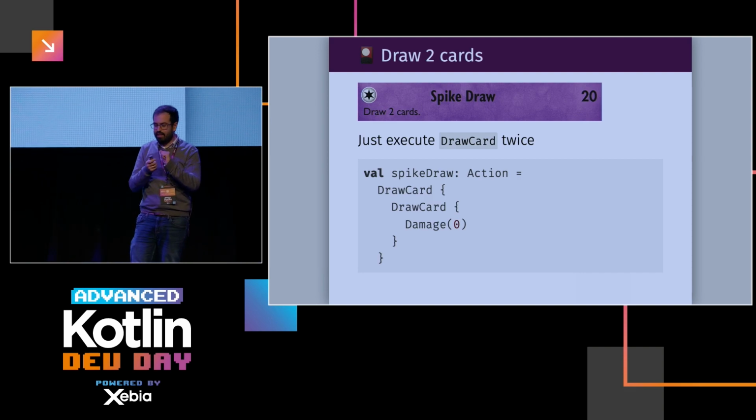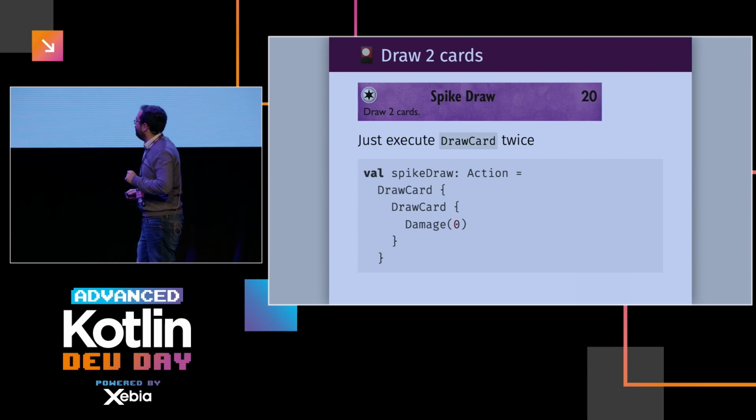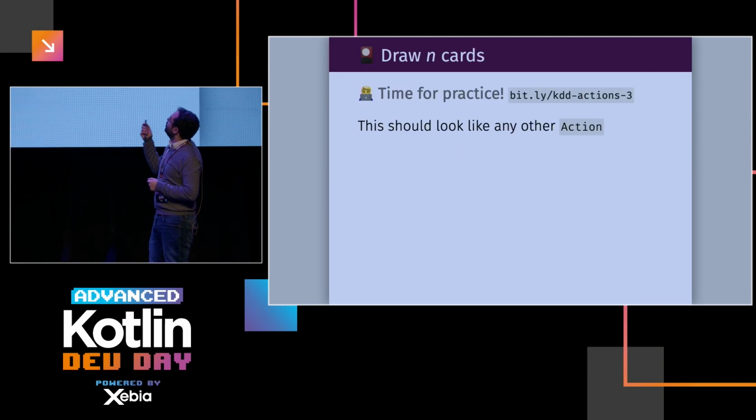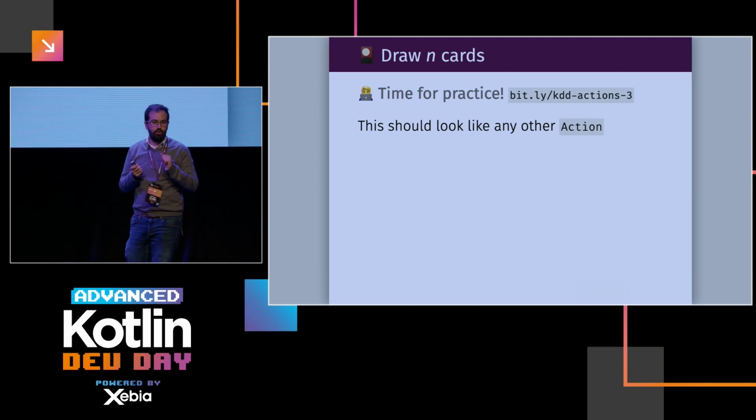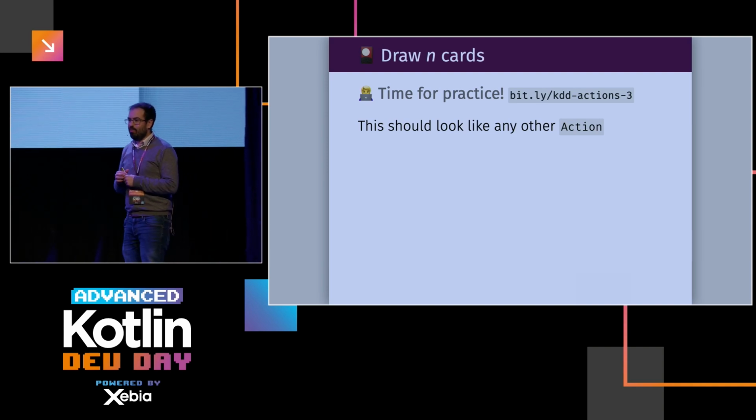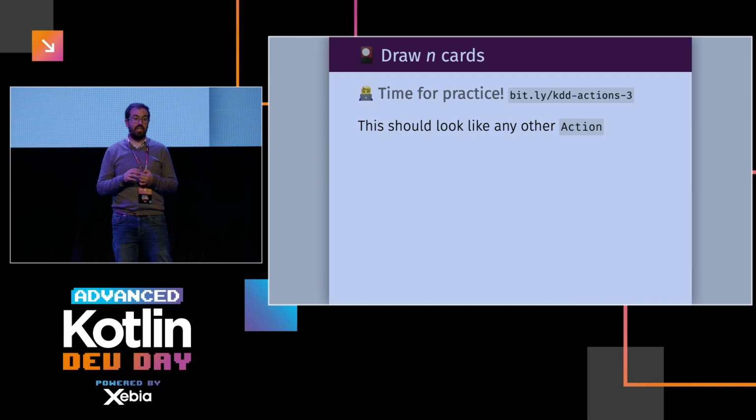So actually, the last thing I wanted you to think about, but I think I don't have time for this, is: imagine that you want to have an action to draw n cards. So, we have an action to draw one card, and we would like to have things which say draw two cards.